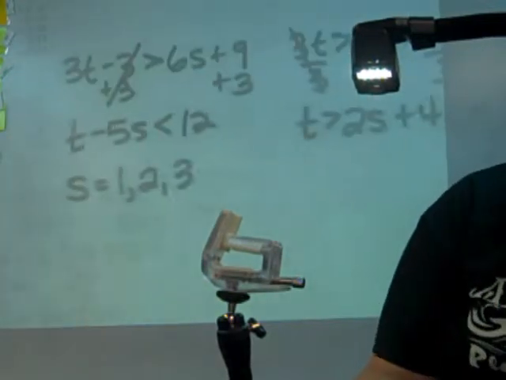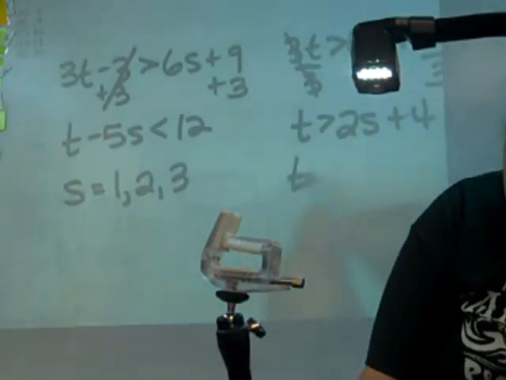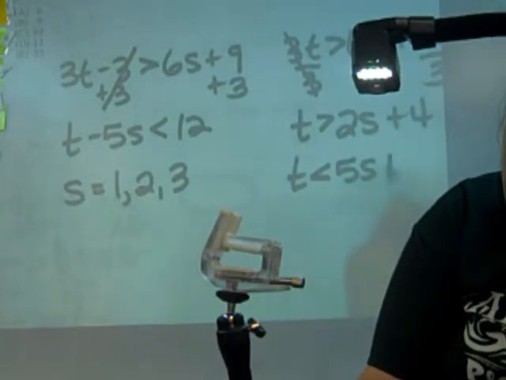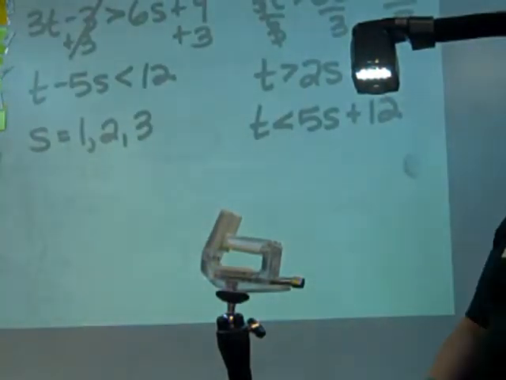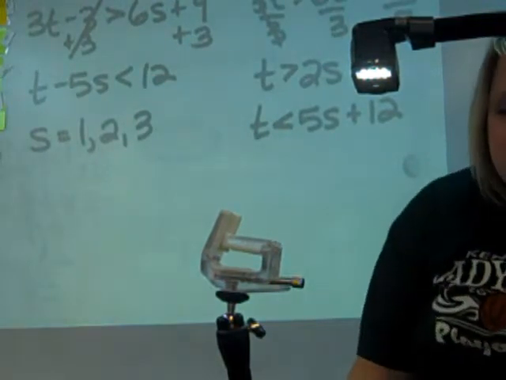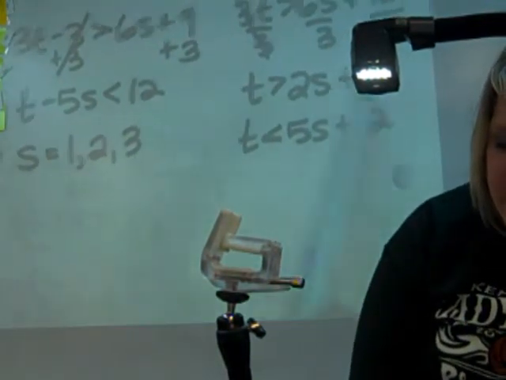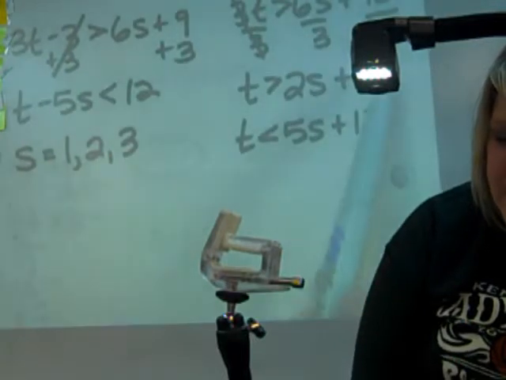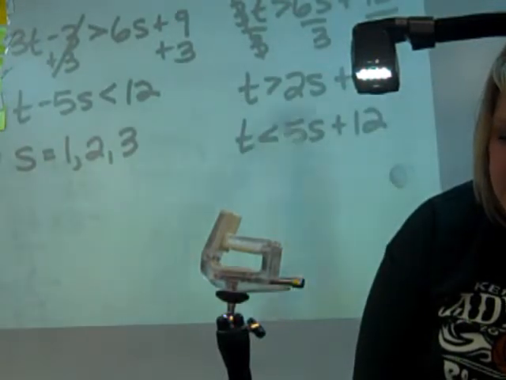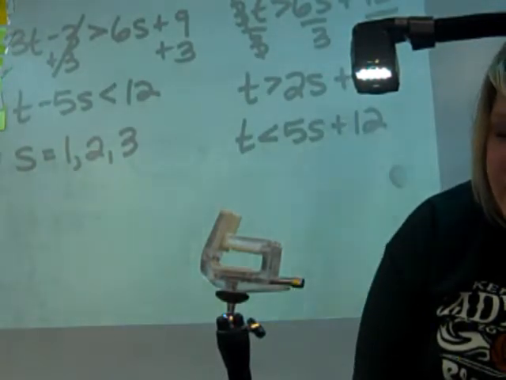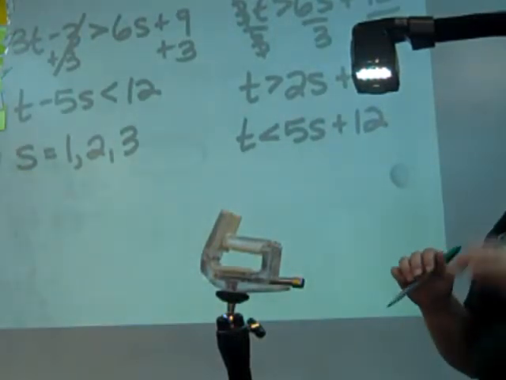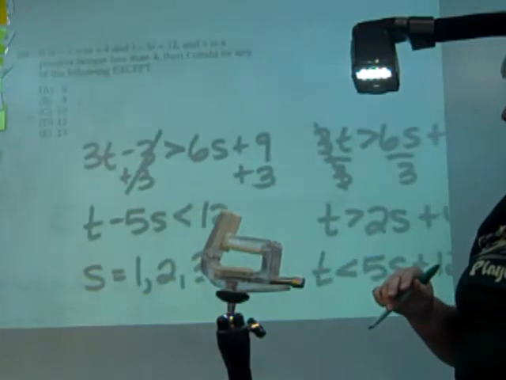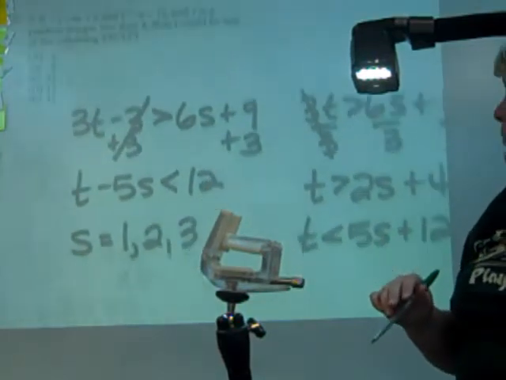And then if I take the second one and solve it for t, I get that t has to be less than 5s plus 12. So if you take the highest value of s and plug it in here, and the lowest value of s and plug it in here, you should get a range for your answers. So the t could be any of the following except what?